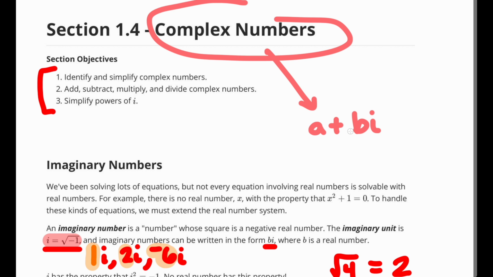Okay, that's essentially the definition of what makes a complex number a complex number. If you can write it in this form, a plus bi, it's a complex number. a can be any real number, b can be any real number, and then you have that i component in there as well. And again, it is important to note that a and b can be any value, negative, positive, or even 0. Okay, so a complex number has an imaginary component to it.